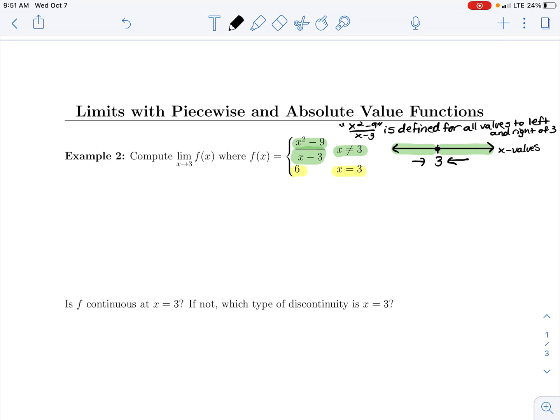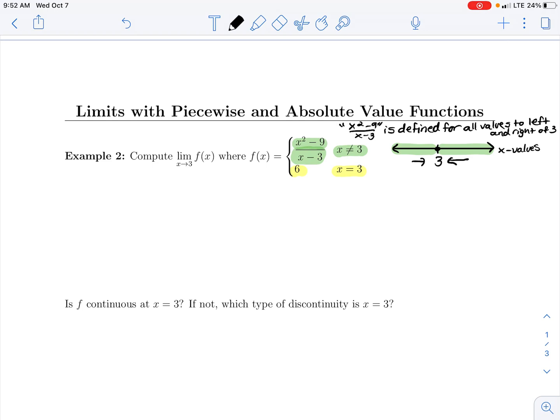So to compute the limit as x approaches 3 of my function, I want to be using x squared minus 9 over x minus 3, because at every point around x equals 3, that's the function I'm using. That's where it's defined. When thinking of the limit, we want to know what's going on very close to and around the value I'm approaching.